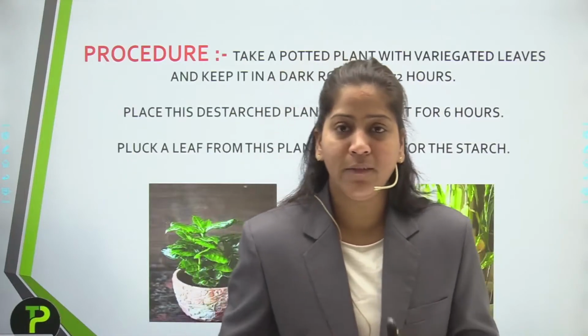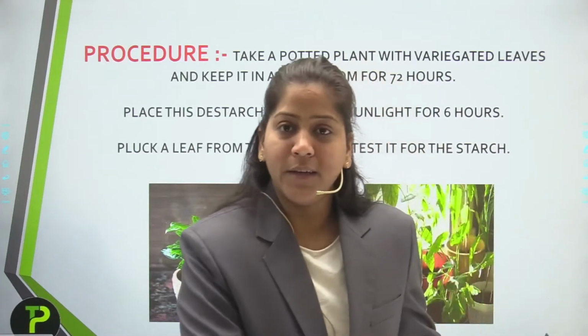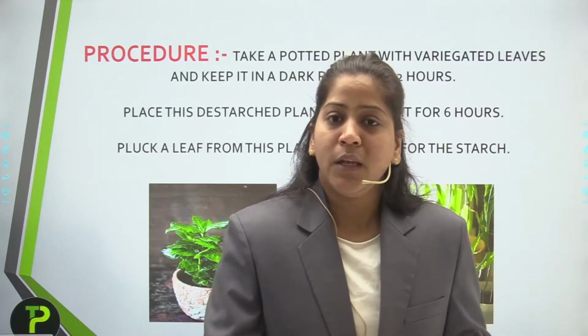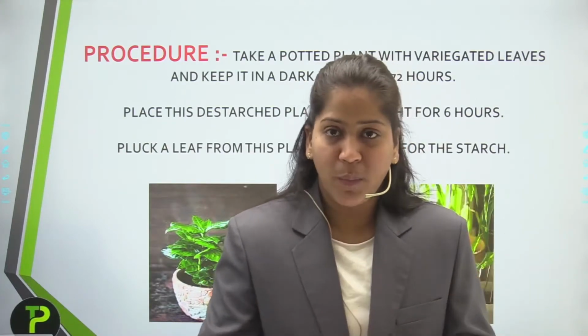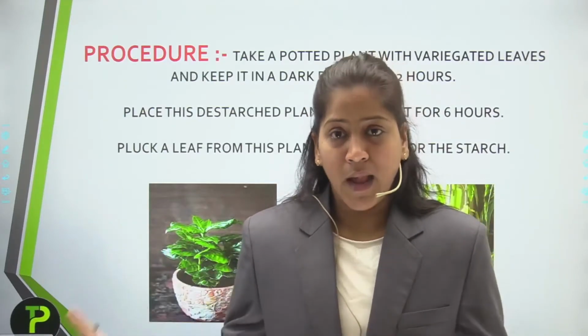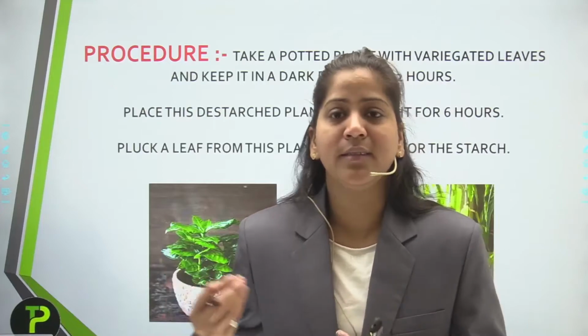Now what we have done is put a plant in a dark room for 72 hours or 3 days. Now we take that destarched plant and put the same plant in sunlight for 6 hours.